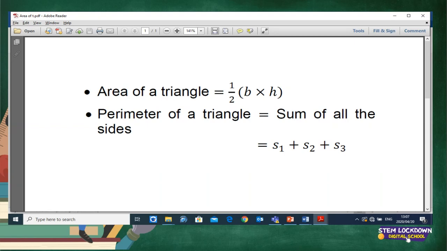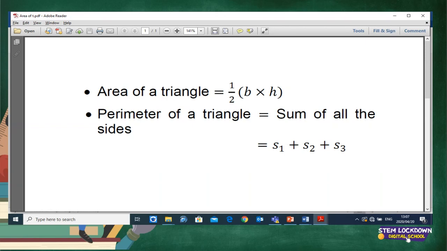In each case, we have looked at the perimeter of a square, meaning that you add all 4 sides. We have also looked at the perimeter of the rectangle, where you also add all the 4 sides. And today, we've looked at the perimeter of a triangle, where you add the 3 sides together.